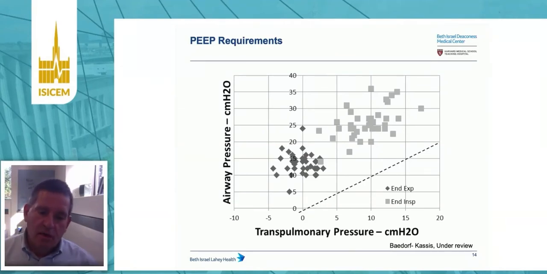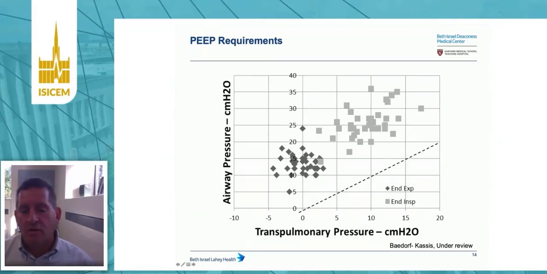So if you look here, this is a transpulmonary pressure of 0. In order to maintain that transpulmonary pressure of 0, a wide range of PEEP values were required between 10 and 20. Not everybody got to that point, but even to maintain a transpulmonary pressure less than 0, patients often required PEEPs in the high teens.